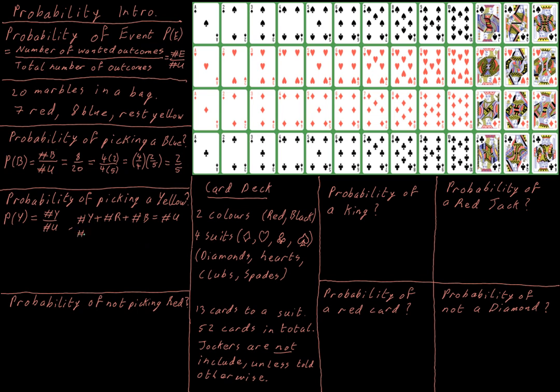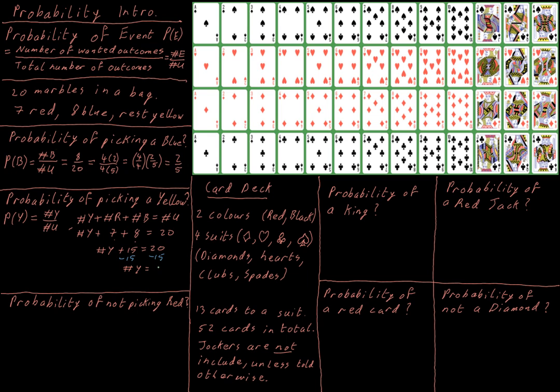So my number of yellow marbles added to my number of red marbles, 7, plus my number of blue marbles, 8, must add up to 20 in total. So I add my like terms, and I get my number of yellow marbles plus 15 is equal to 20. Rearranging my equation, I get that I must have 5 yellow marbles in the bag.